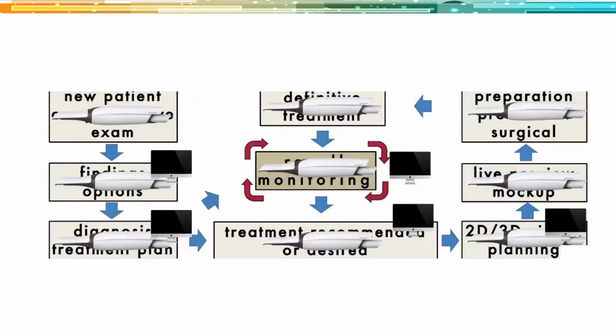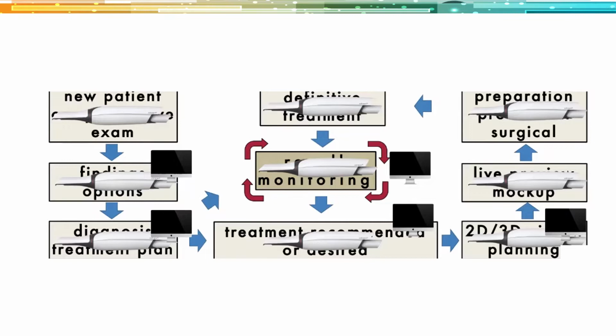And we use digital technology in all phases of our patient progress through our office, from the new patient experience to developing findings and options leading to a diagnosis and treatment plan. When treatment is recommended or desired, then we use our technology to move to a phase of two-dimensional and three-dimensional virtual planning.